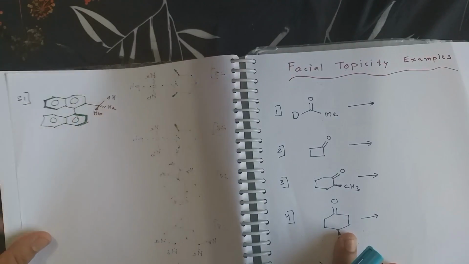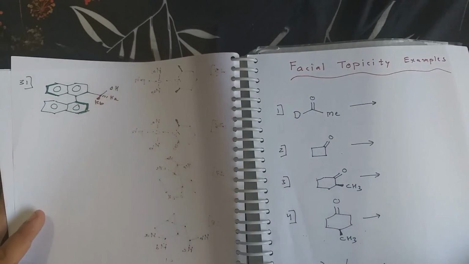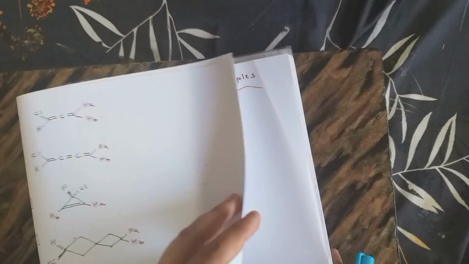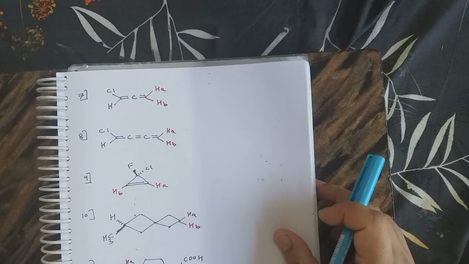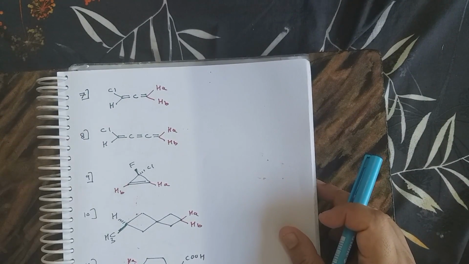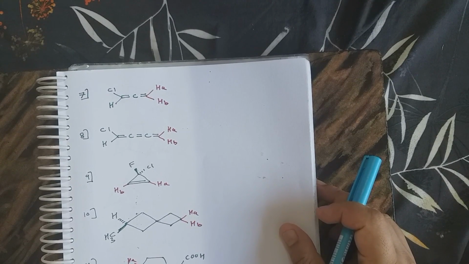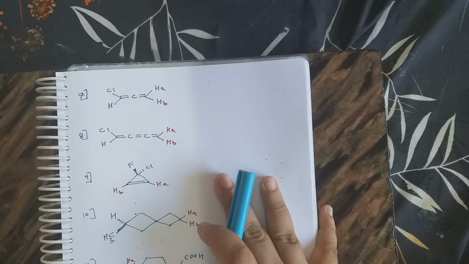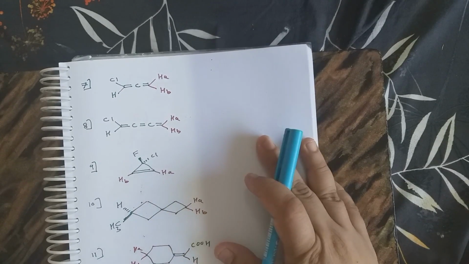I'll be going fast through these examples, and I hope you will write them down. Now take a pause and write all examples after the 7th example, and solve yourself, okay. Once you solve it, then we will discuss, okay.